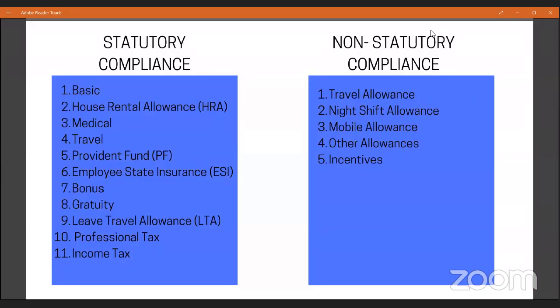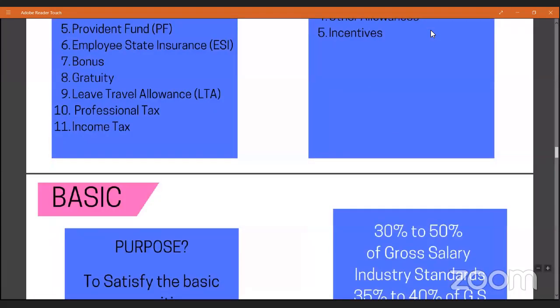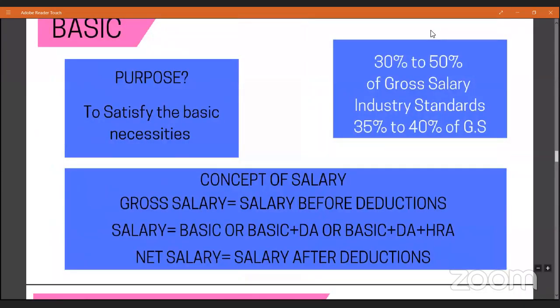So a short recap on the percentages. Basic is anywhere between 30 to 50% of gross salary, and the industry standard is 35% to 40% of gross salary. As I told you, I will tell today why and how this 30 to 50% logic is arrived at, so we will understand when I put that in the payslip.